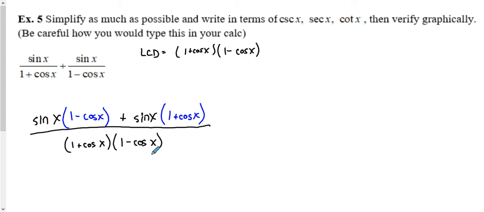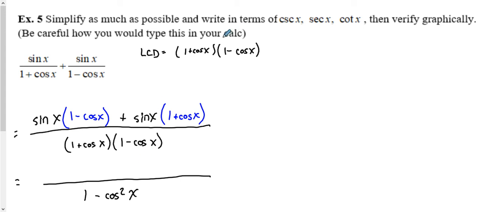From here, I want to distribute out and see what we get. I'm going to start with my denominator first because things cancel out really quickly there. It's a difference of squares, by the way. So this is 1, and then a negative cos x plus cos x, which will cancel out, and we have a minus cos squared x once we multiply the cos and cos together.